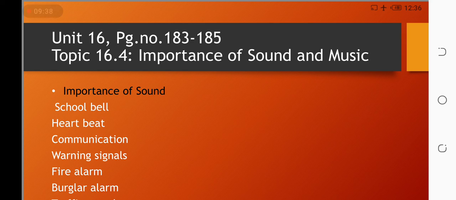Now we will move towards the importance of sound. So what is the importance of sound? From the ringing of a school bell to the sound of our heartbeat, sounds give us information about what is happening inside or outside us.